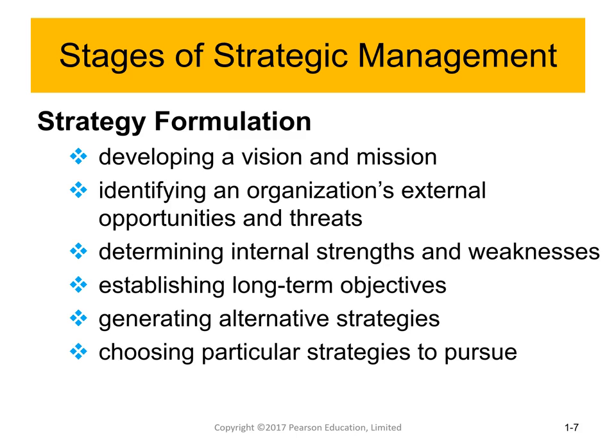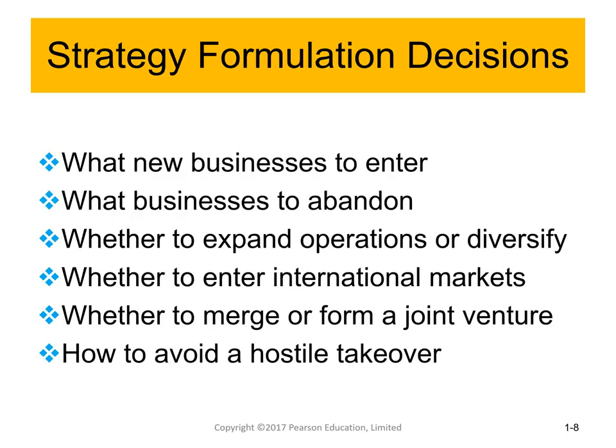Strategy formulation decisions come in different sizes and elements. The core elements include what new businesses the organization wants to enter into, or what businesses or operations it wishes to abandon.